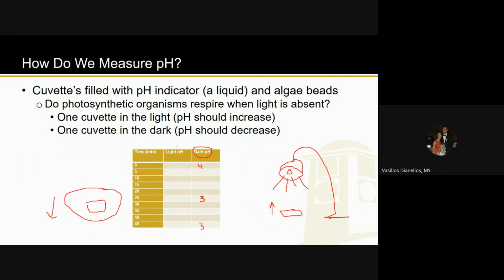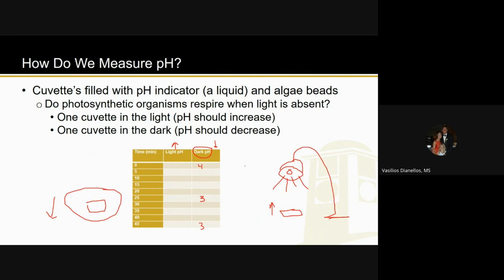And we've already talked about why the pH should increase in the light because of photosynthesis. And we already talked about why it should decrease in the dark. So no matter what experiment you did, you can look at this one and see, did things happen the way we expected them to? Did this pH increase? Did this one decrease? If not, that is an indication that something may have gone wrong.